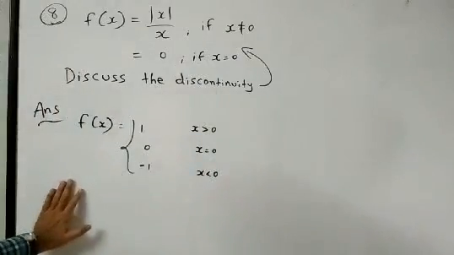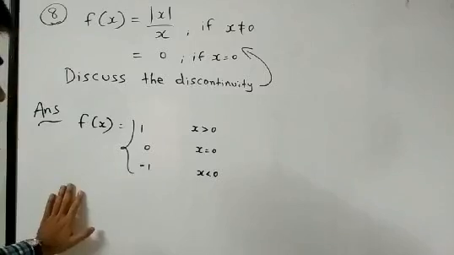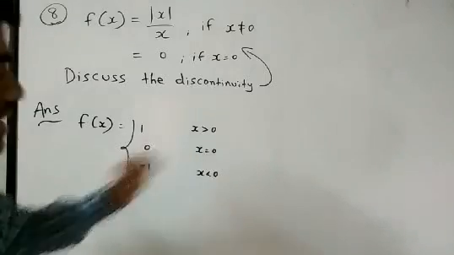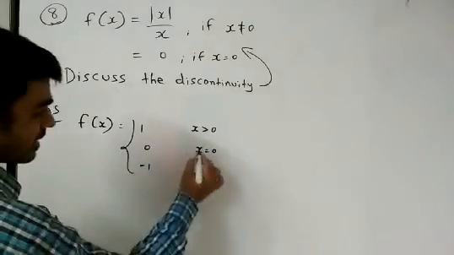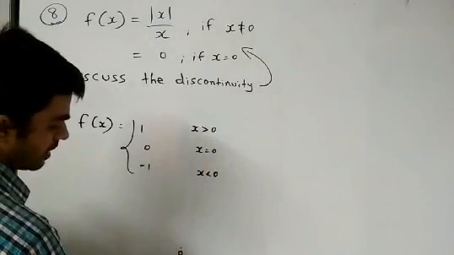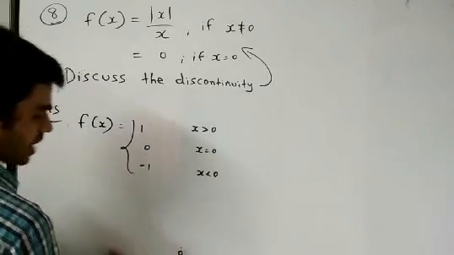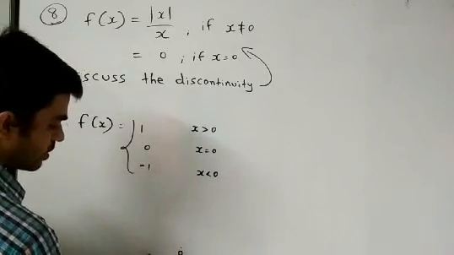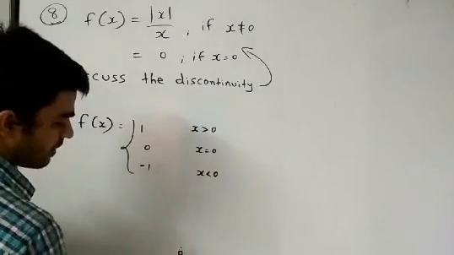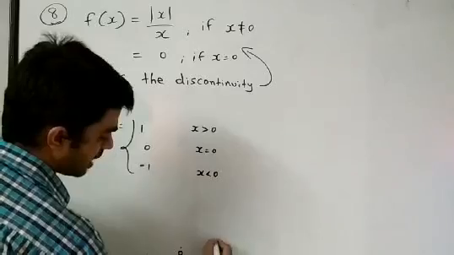Now look at this function. Do you remember anything? This function at x equal to 0 is 0. When x is less than 0 then its value is minus, and when x is greater than 0 its value is plus.